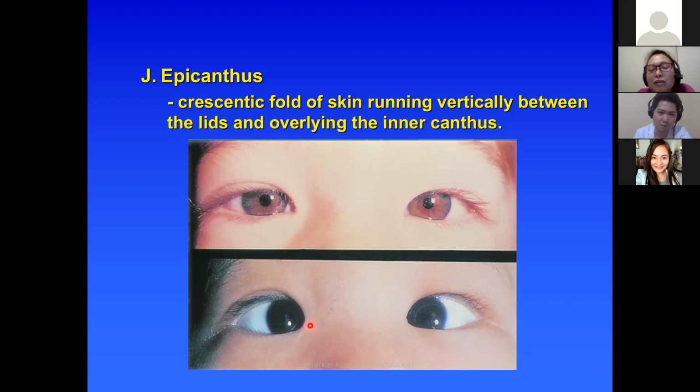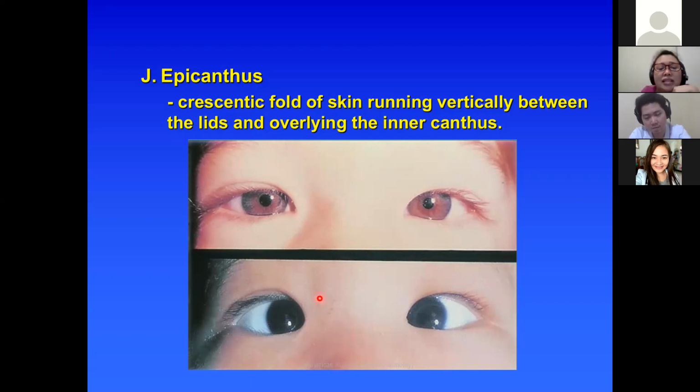If you will see these children, akala mo duling, di ba? Normally, this is mistakenly diagnosed as esotropia. But look, if this is really esotropic, you have to pinch here on the nose bridge kasi hindi mo nakikita ang kanyang canthus.